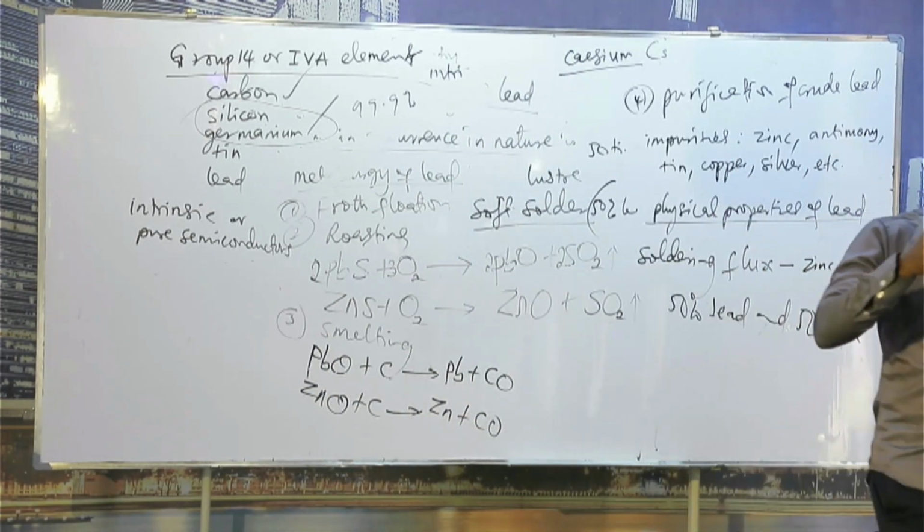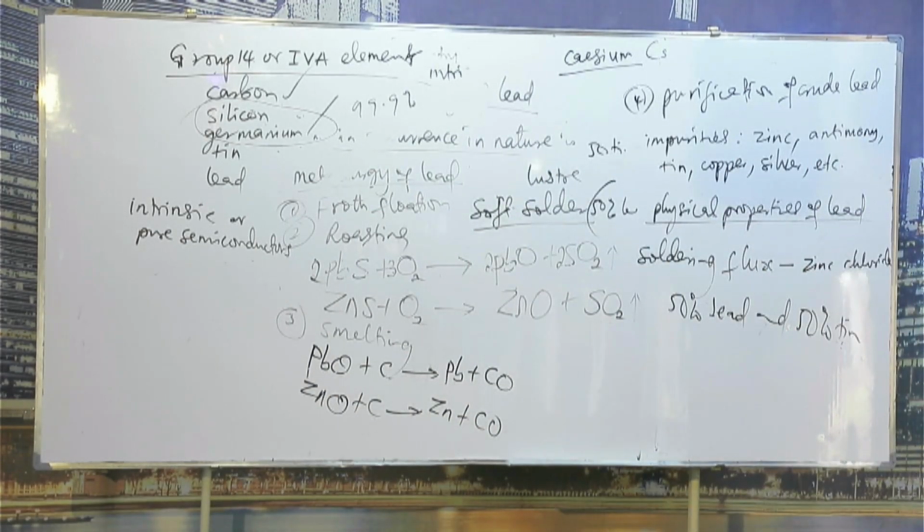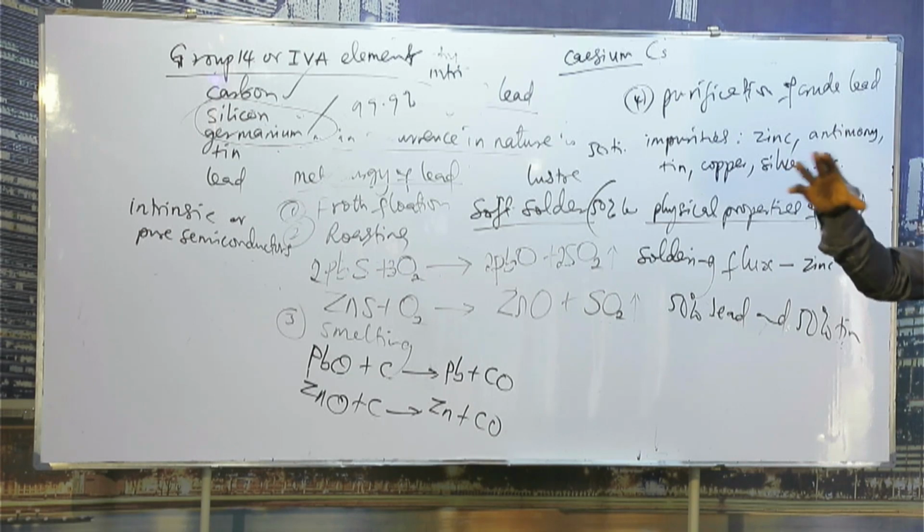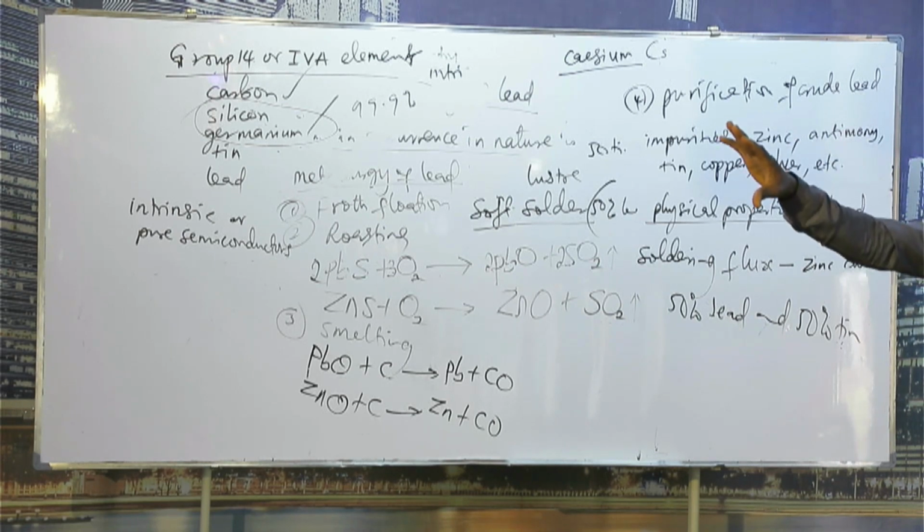The question is, before you can know why melting point of lead is low, you need to understand what makes metals have high melting and boiling points. Are you there? What is melting, by the way? When something is melting, what is happening? It means forces holding the particles are what? Breaking. So they are shifting apart, isn't it?